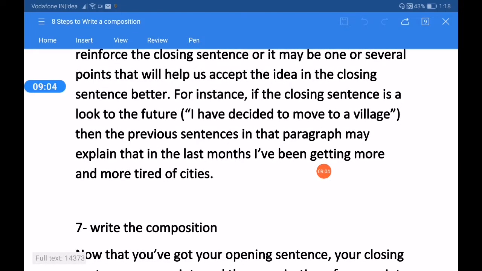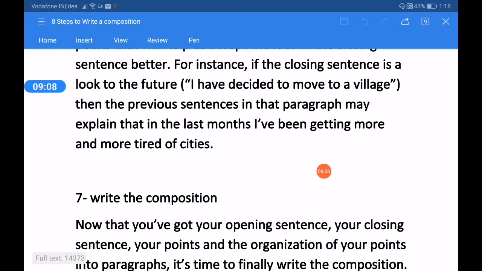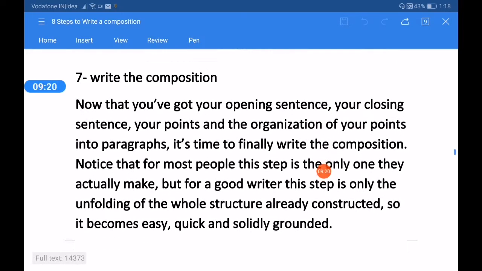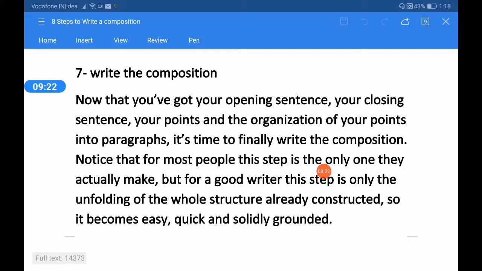For instance, if the closing sentence is a look to the future, "I have decided to move to a village," then the previous sentences in that paragraph may explain that in the last months I have been getting more and more tired of cities. The seventh point is to write the composition. Now that you have got your opening sentence, your closing sentence, your points, and the organization of your points into paragraphs, it is time to finally write the composition.